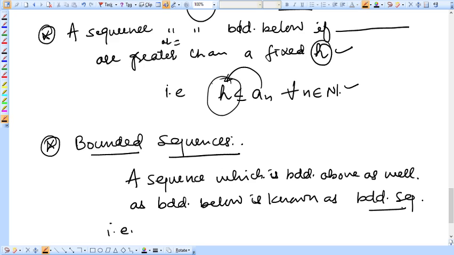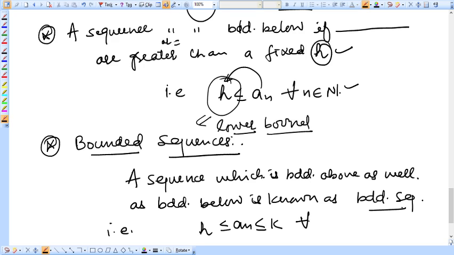See, this thing is known as the lower bound, और k को क्या बोलेंगे, upper bound. So इसका दोनों साइड पे बाउंड होगा. So an is less than or equal to k and greater than or equal to h. अगर ऐसे होगा, हर टर्म इन दो नंबर के बीच में लाई करेगी, then we call this sequence a bounded sequence for all n belonging to natural numbers, right? So this is how we define a bounded sequence.